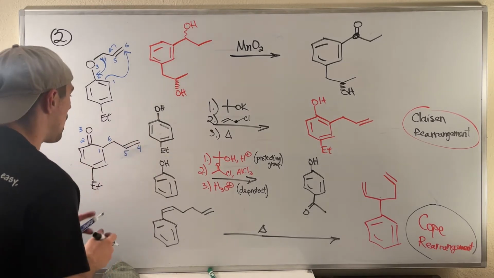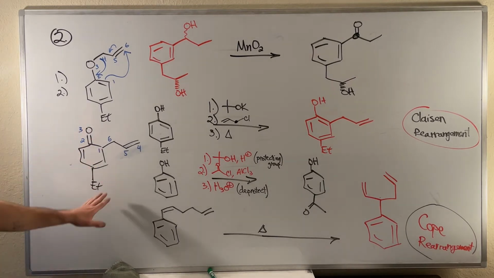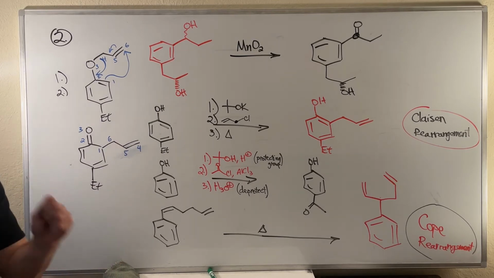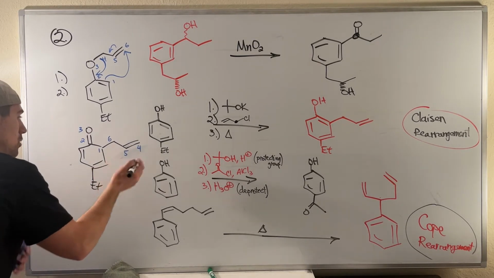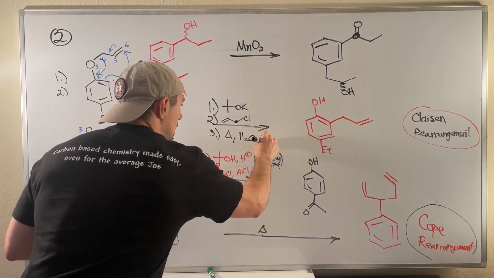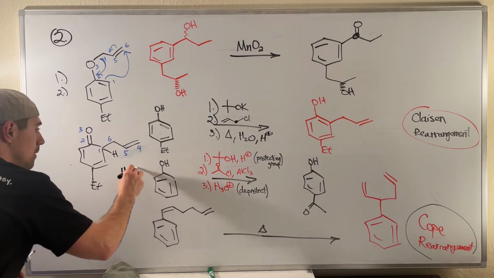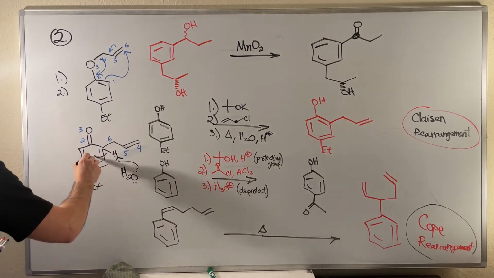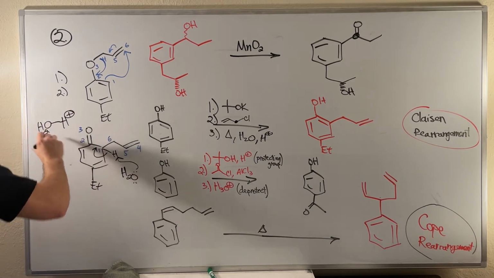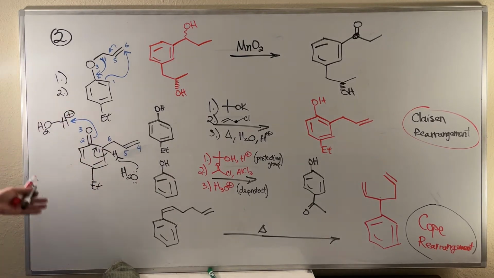Cool. Now, the last thing that needs to happen before we call this problem done is we disrupted the aromaticity of our ring, and that's a big energetic no-no. Nature is pretty motivated to get that back. So you can assume that there's going to be some water, and maybe I should also put water and H+. But you'll have this situation going on where you have this get restored, and at the same time, you will have this return back to being an alcohol.